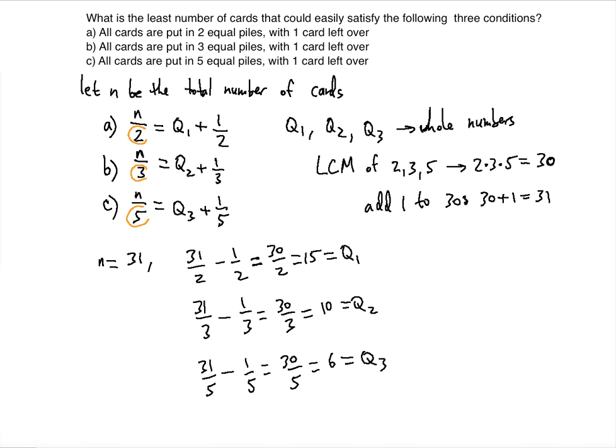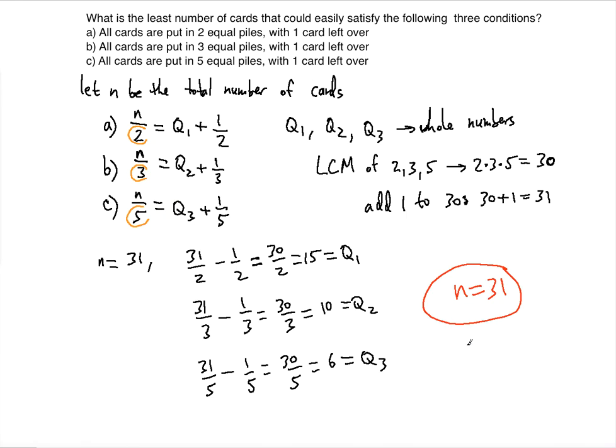So 31 is your final answer. 31 is the least number of cards that could easily satisfy the three conditions. In each case, you divide 31 cards into 2 or 3 or 5 equal piles, you will still have 1 card left over.